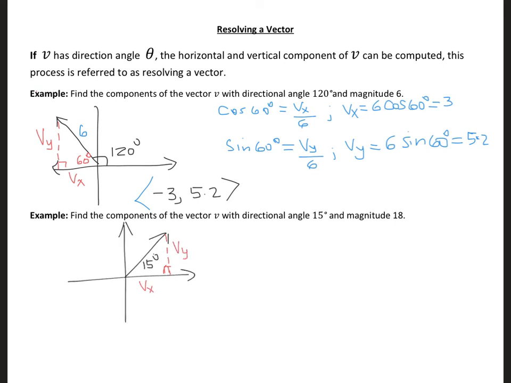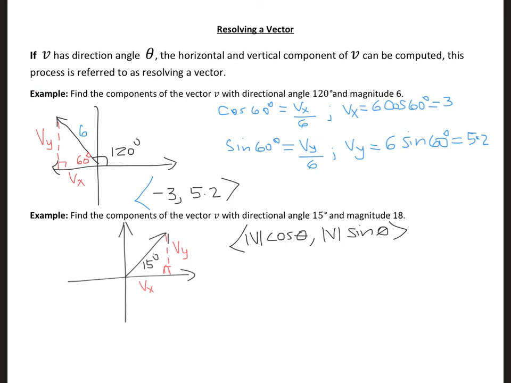Maybe a summary I can use to get the components: all I need to do is use the magnitude. If I have a vector v, to get the horizontal component, I just need the magnitude of v times cosine of theta, whatever theta is. And to get the vertical component, I just need the magnitude times sine of theta. So that's a formula I can use every time.